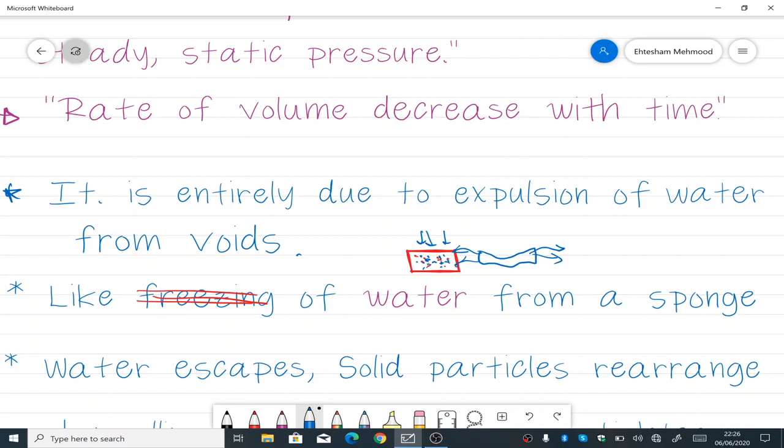But the difference is that in the sponge, water moves out immediately because it has very high permeability, so it easily lets water pass through. Whereas in soils, it depends on the type of soil we're considering. If it is a low permeability soil, we are compressing, but the rate of water moving out would be very, very slow, maybe months or years.